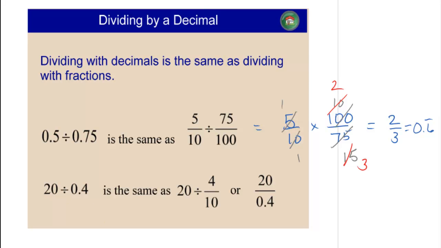20 divided by 0.4, or 4/10ths, is the same thing as 20 divided by 4/10ths. Again, that's the same thing as 20 over 1 times the reciprocal of 4/10ths, which is 10 over 4. You would cross cancel here. And we actually end up with 50.